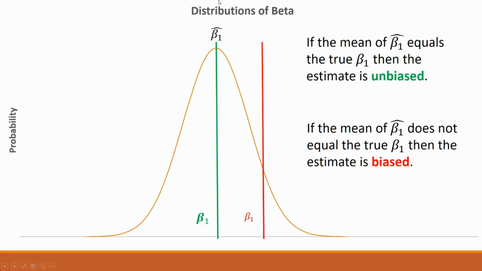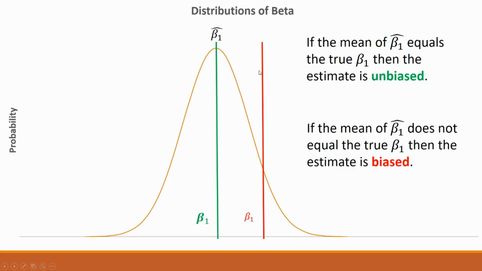I'm very likely to get a beta 1 hat value right around the average of the beta 1 hat distribution.